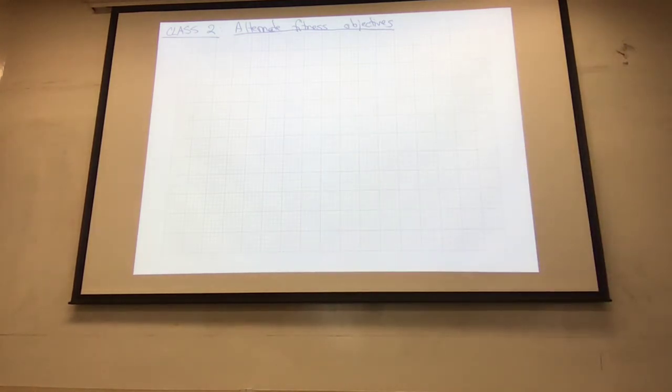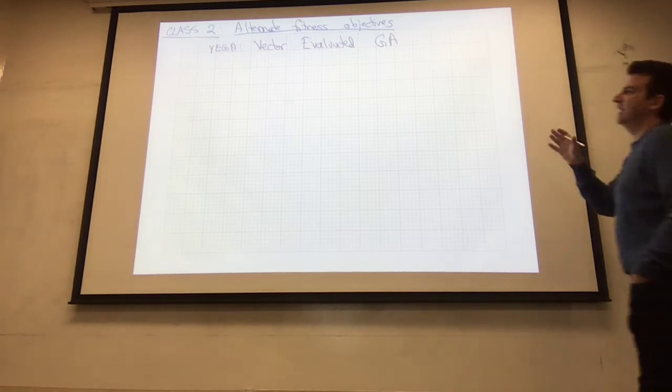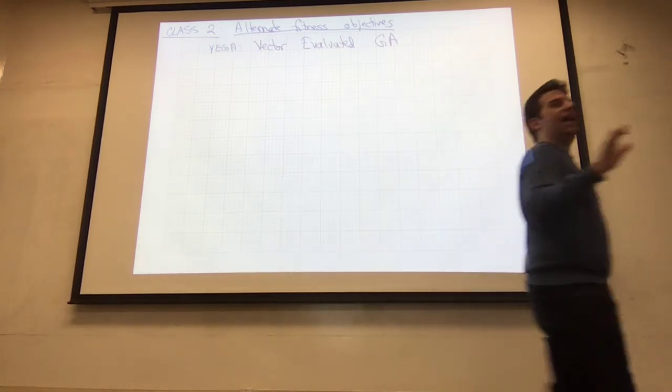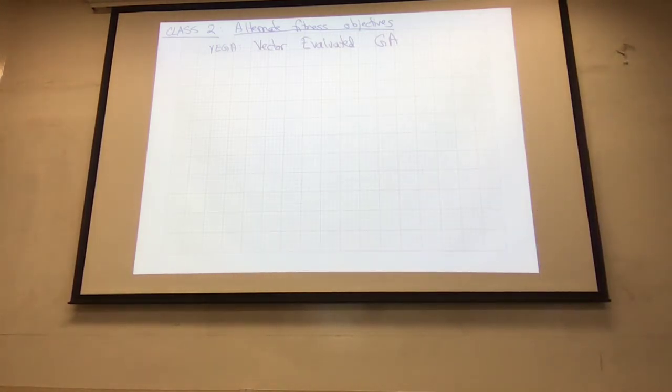And so the standard one is VEGA, the vector evaluated genetic algorithms. The idea here is they say, well, let's just forget about weights and instead create K subpopulations. Now, what do I mean by K subpopulations?